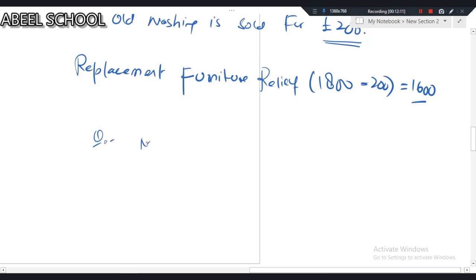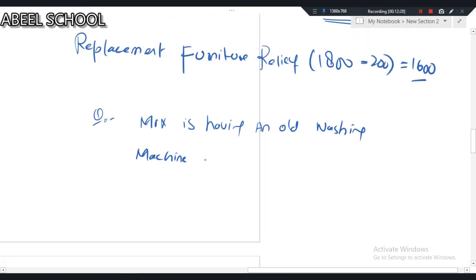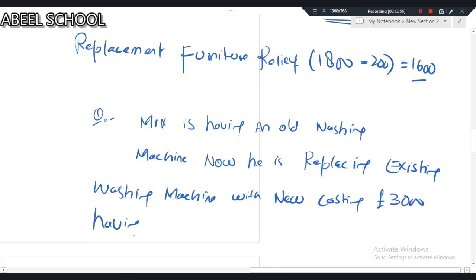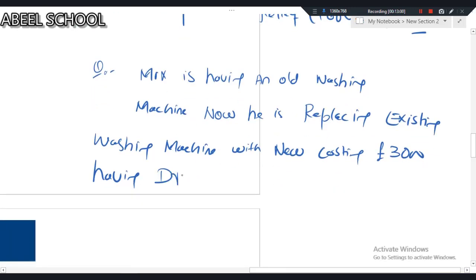Assuming Mr. X has an old washing machine and is replacing the existing washing machine with a new one costing £3,000, having a dryer also.